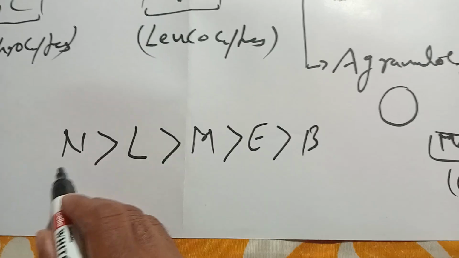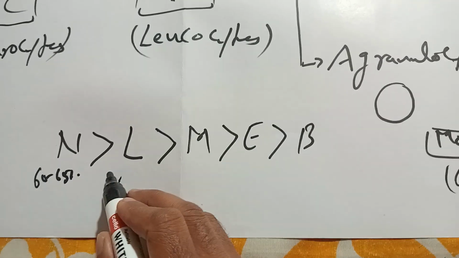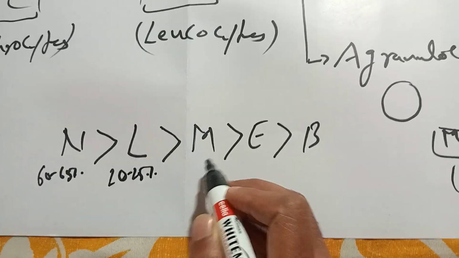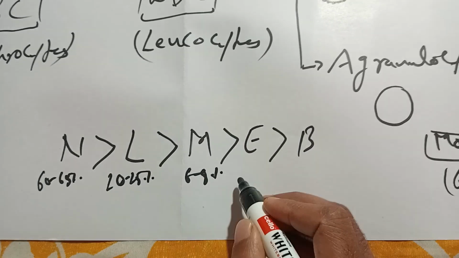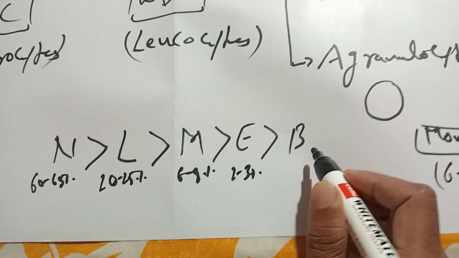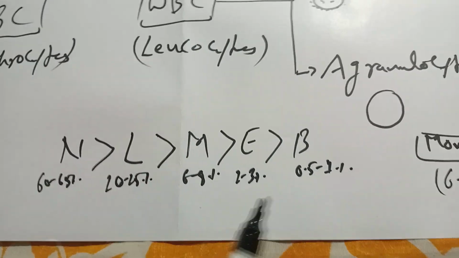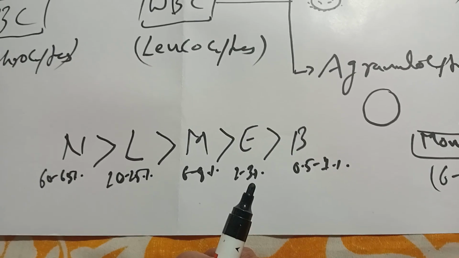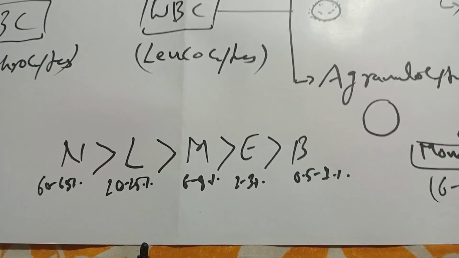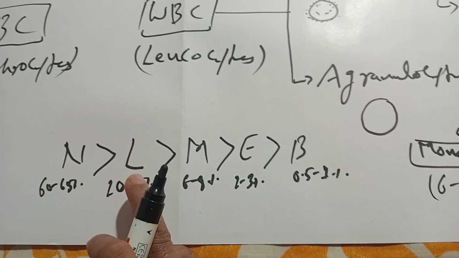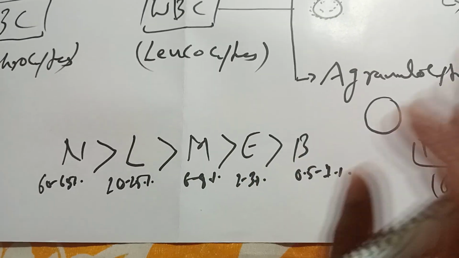So neutrophils 60 to 65%, then lymphocytes 20 to 25%, monocytes 6 to 8%, eosinophils 2 to 3%, and basophils 0.5 to 1%. This descending order is important for the exam, so you can easily remember it by a trick: N for neutrophils, L for lymphocytes, M for monocytes, E for eosinophils, and B for basophils.